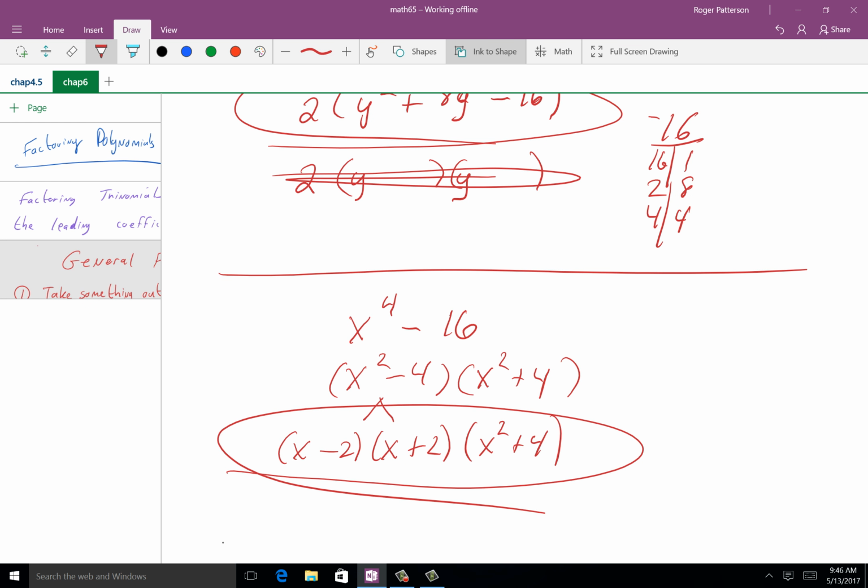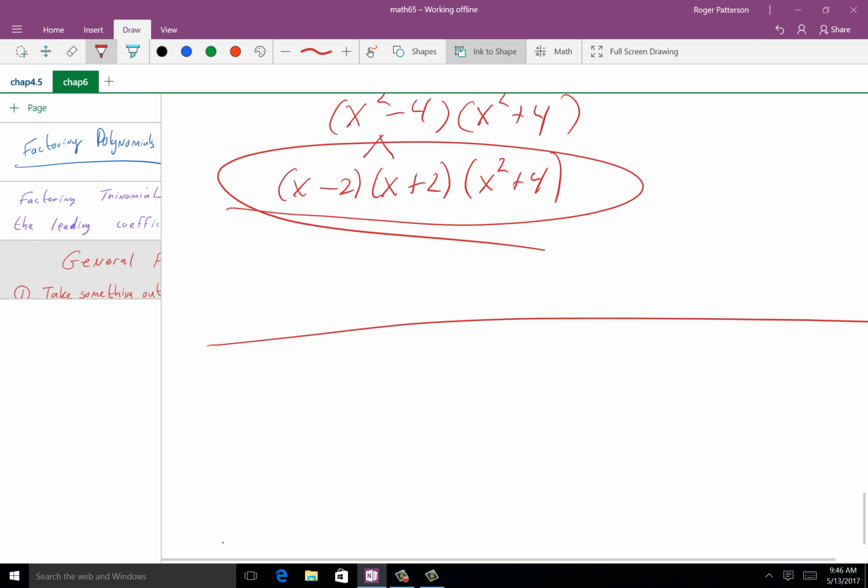Okay. So let's go through our list. Can we take anything out? Nope. Is it a difference of two squares? No. Is it a trinomial? No. What's left on our list?